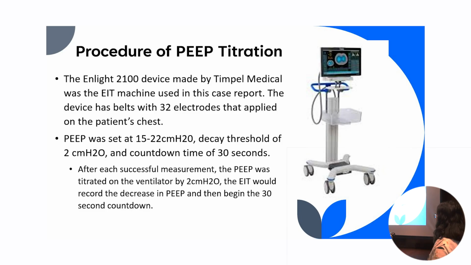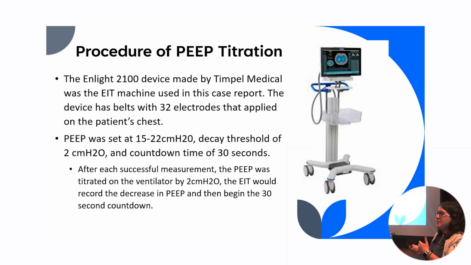Again, this is the device that we use, the Enlight 2100. There are 32 electrodes that go around the chest from these 2 bands. Our PEEP for both of these patients, for the highest PEEP when we started our PEEP recruitment maneuver, was set anywhere from 15 to 22, and I'm going to go into later why those PEEP settings were decided.